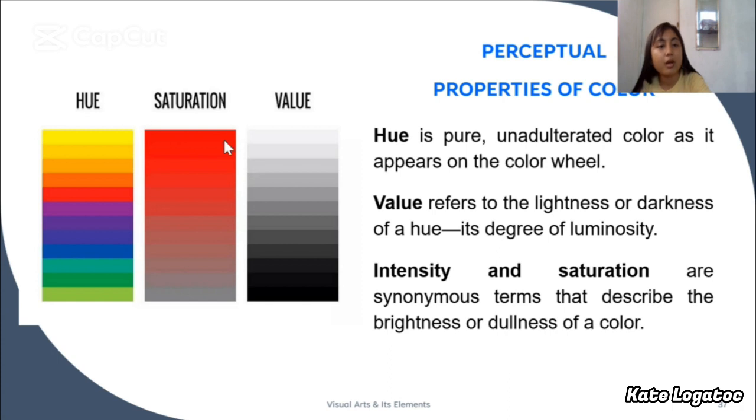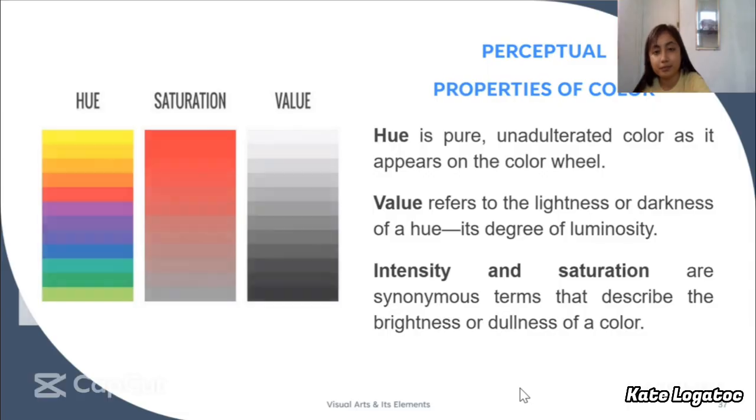Pero kung babawasan mo yung kanyang saturation, magpo-fall siya somewhere between this. Magmumukha na siyang palapit na sa scale ng gray. Pagbabawasan mo yung saturation, yung kung gaano katingkad yung kulay.